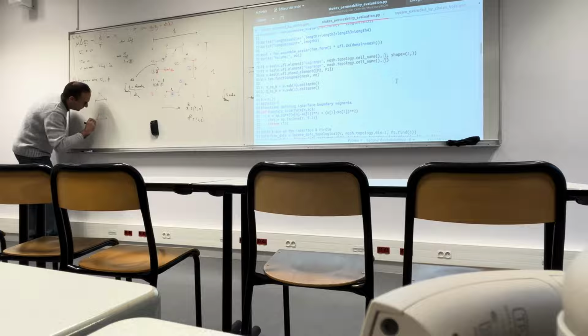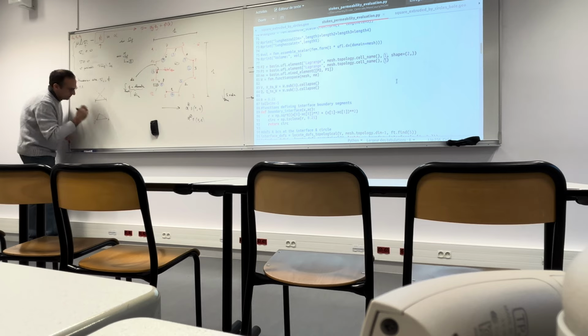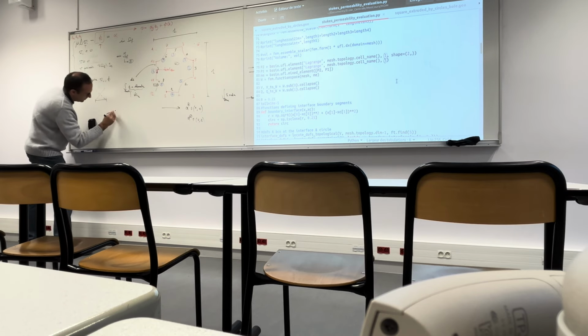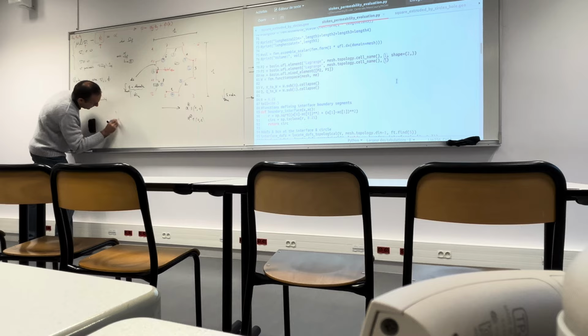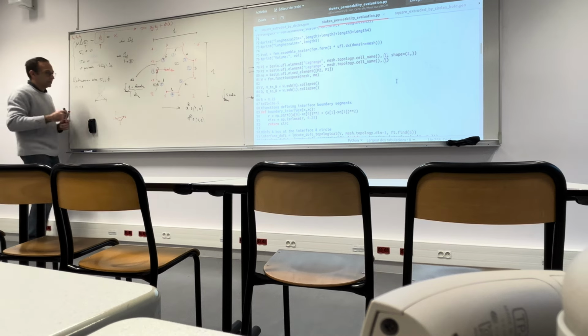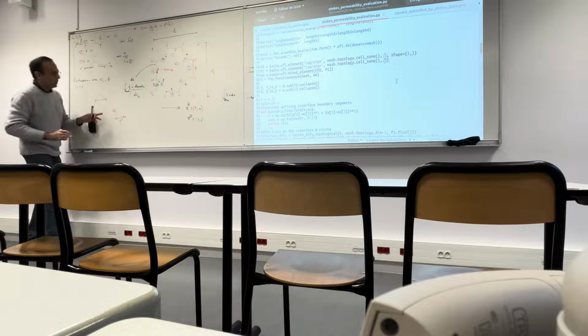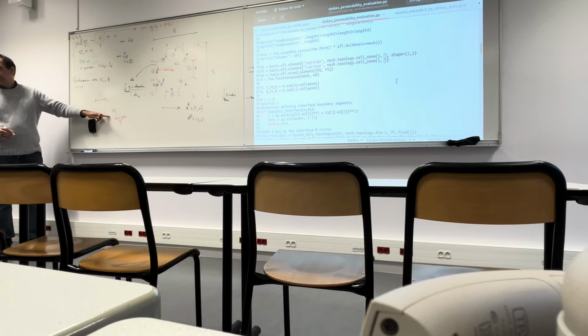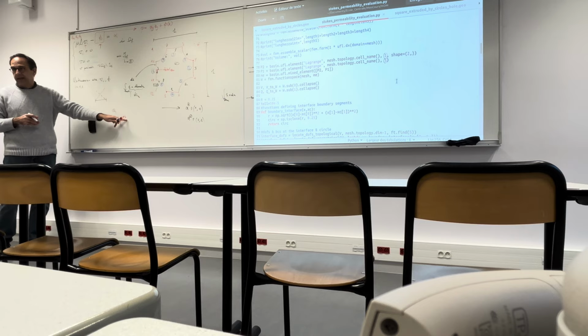If you have nodes i, j, and k, the element is this i, j, k, and this is, for instance, the shape function relative to node i, which is 1 at node i and 0 at nodes j and k.